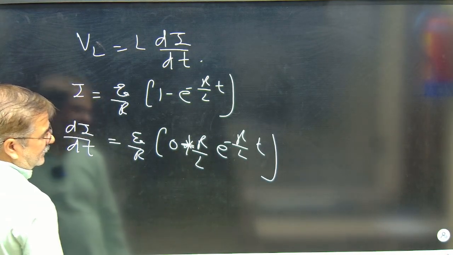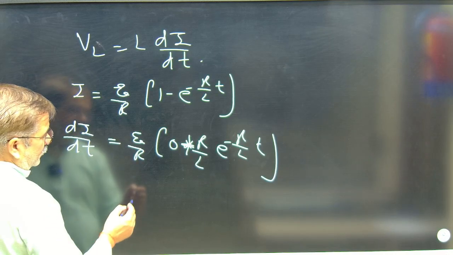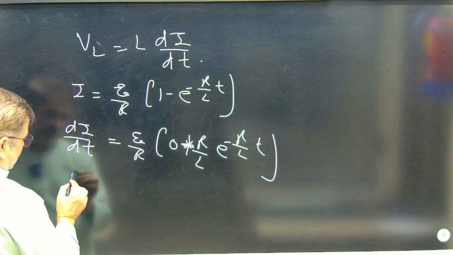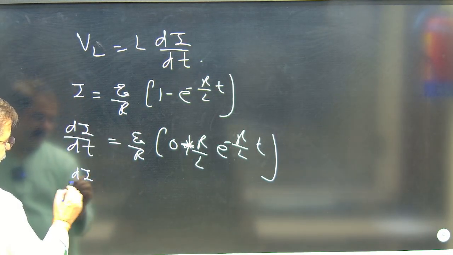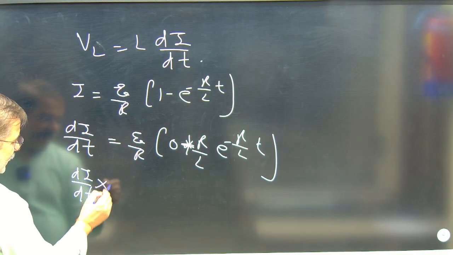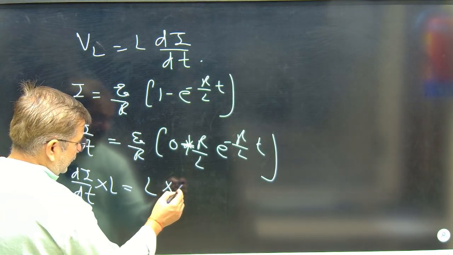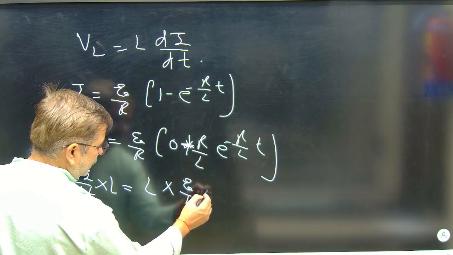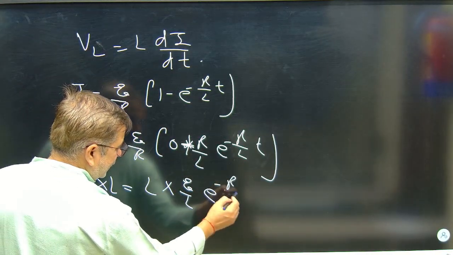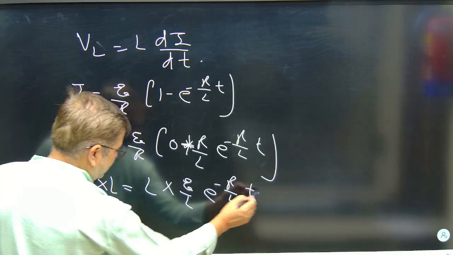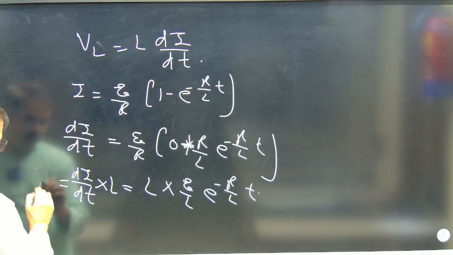This value will be plus. So what next will I say? This di by dt into L is a voltage. You multiply by L into E by L into e to the power minus R by L into t. L L got cancelled. This is the voltage across the inductor.